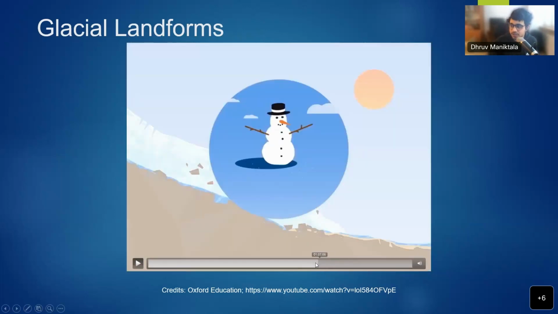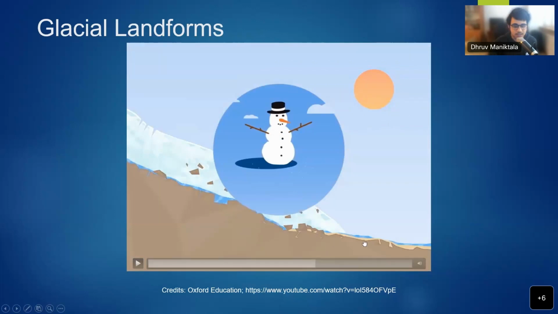And when the glacier reaches the end, or the plains where the slope ends, and it starts to melt because of the lower altitude or higher temperatures, the glacier toe starts to melt, and everything which is inside the glacier starts to get deposited.